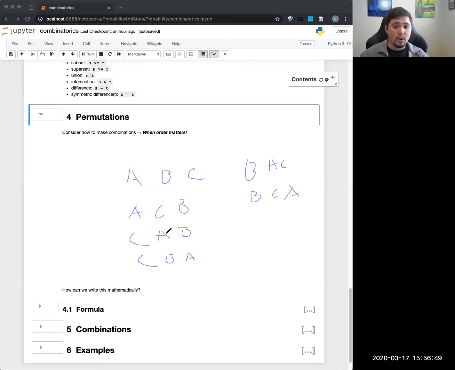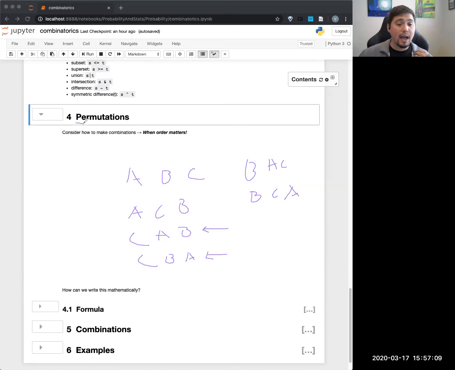It makes sense for words, for example, like CAB and CBA should be counted as different things, right? They should not be treated as the same thing. That's a permutation. So that's when order matters. When you think of permutations, I want you to think order matters, okay?